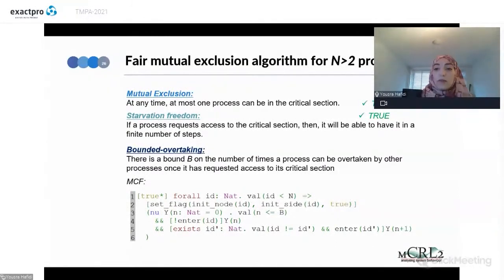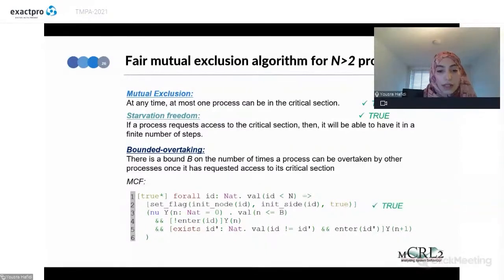The formula says that for every process i, if it requests access to the critical section, every enter action other than enter of the current process increments the parameter n, and if the bound is violated, meaning that n is bigger than the bound, then the property is false.